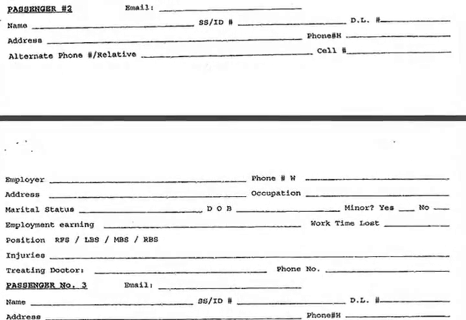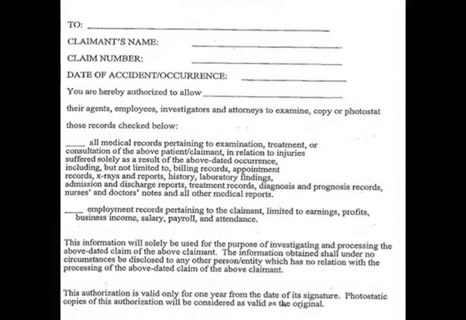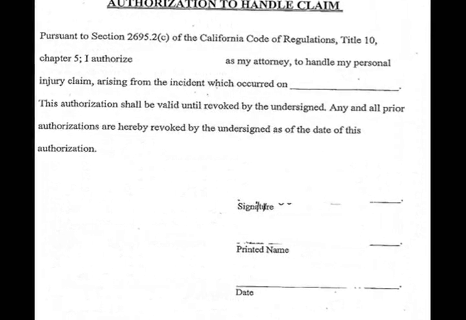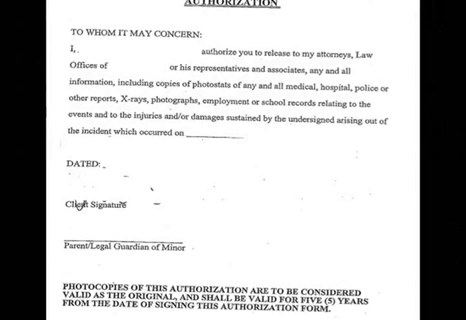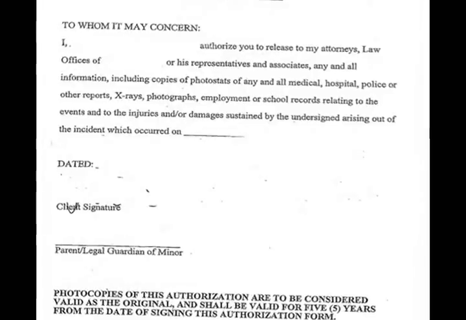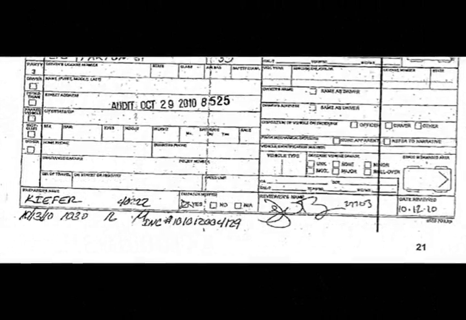And then after that, you're going to see 2, 3, 4 additional forms that need to be signed by your client, which is the authorization for us to get medical records, and then the retainer agreement, and then the authorization to work on our client's case, another type of authorization. So it's 4 in total, and all that needs to be signed before we even start working on the case. Always make sure that they're all signed and dated.